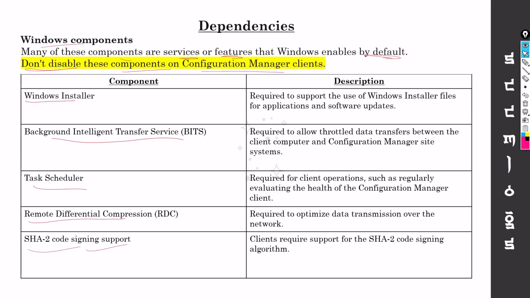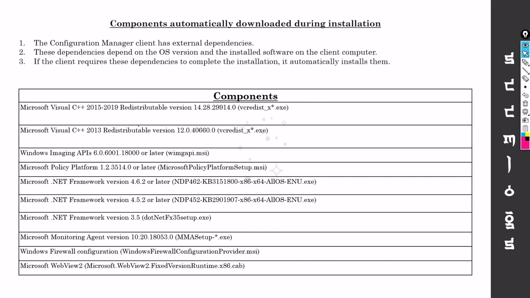So remember this thing. Next, components which are automatically downloaded during the installation. Once you run the client installation, which components will be downloaded? The configuration manager has external dependencies. These dependencies completely depend on the OS version and installed software on the client computer. Okay, remember, the client requires these dependencies to complete the client installation, so it automatically installs them.